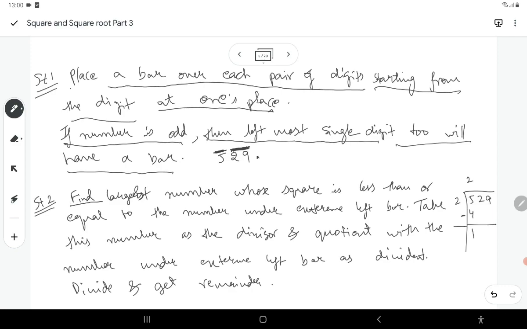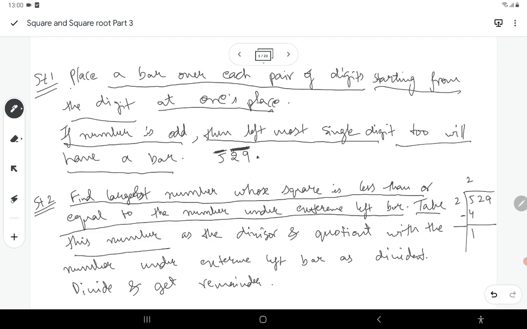Next step is to find the largest number whose square is less than or equal to the number under the extreme left bar. Then take this number as the divisor and the quotient, with the number under the extreme left bar as the dividend.